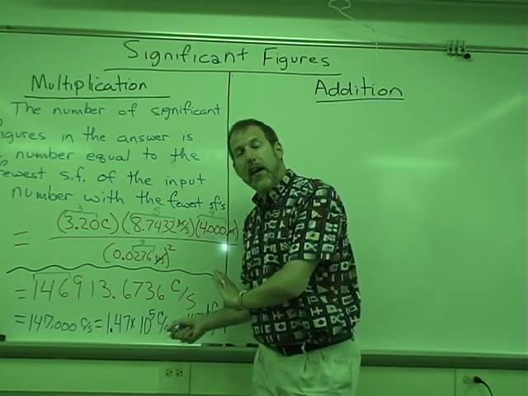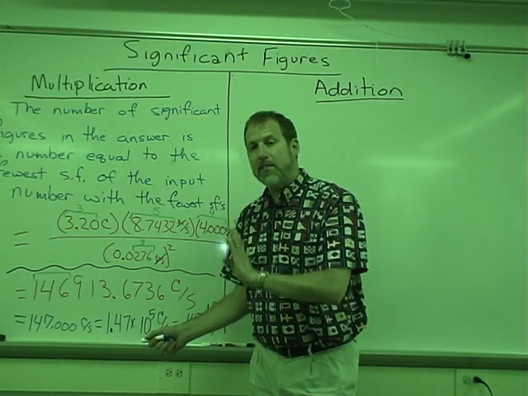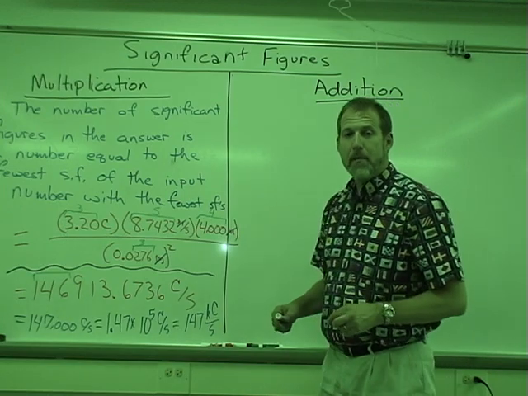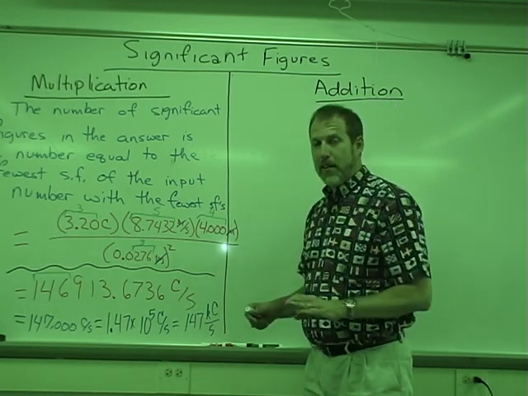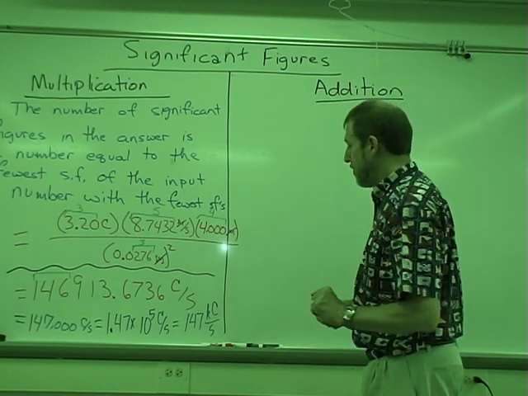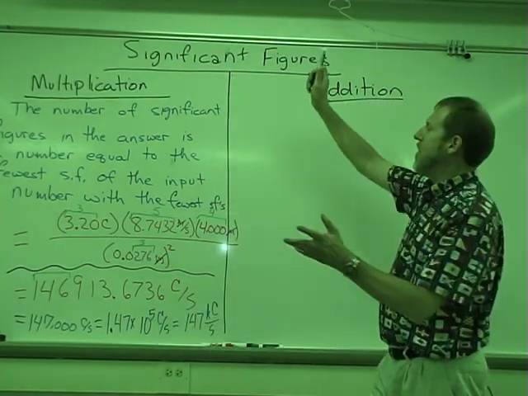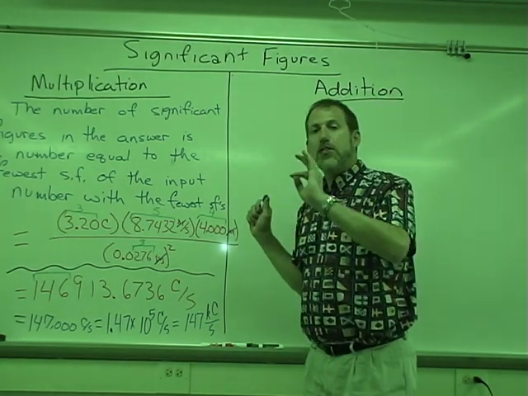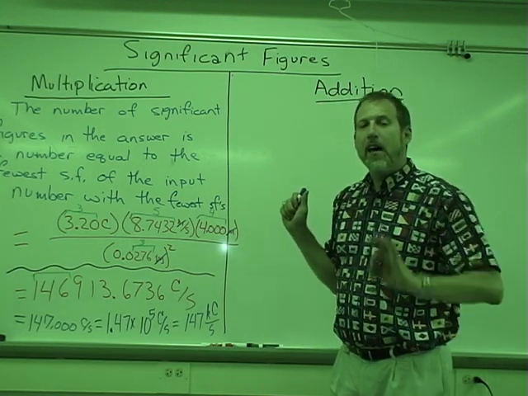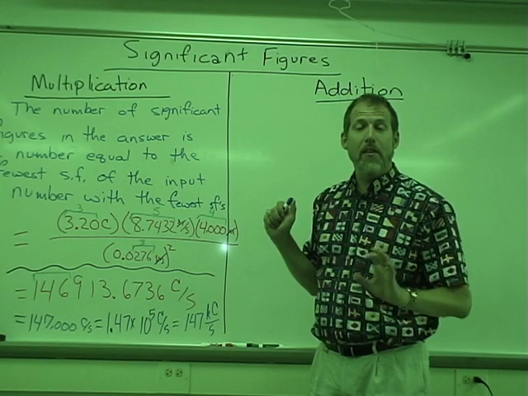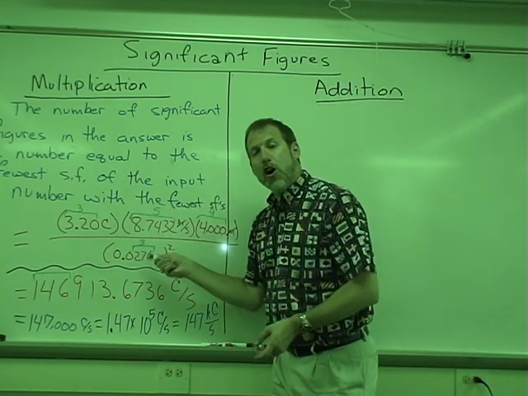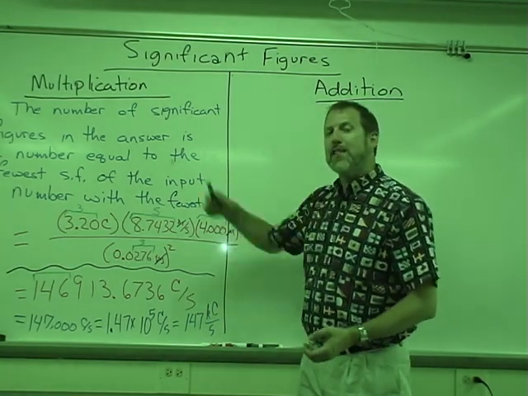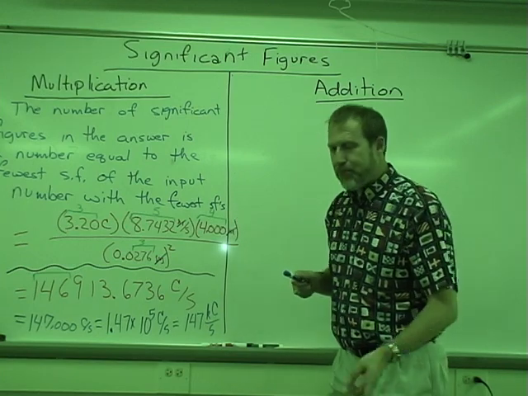I hope you can see why either one of these is a cleaner way to discuss this than simply writing it out as 147,000 each time. Certainly when we're doing the math with the significant figures, with the powers of 10, it's much better to do it like this. The rule often will look long and clumsy because English is not the best language to discuss this in. Math is the best language, so hopefully this made more sense, and now the English makes some sense.